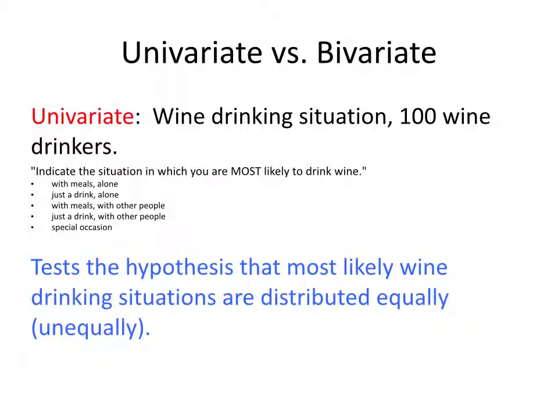And a univariate analysis would test the hypothesis that the most likely wine drinking situations are distributed equally. Or, alternatively, if we think of this as differences, we could test the hypothesis that they're distributed unequally.